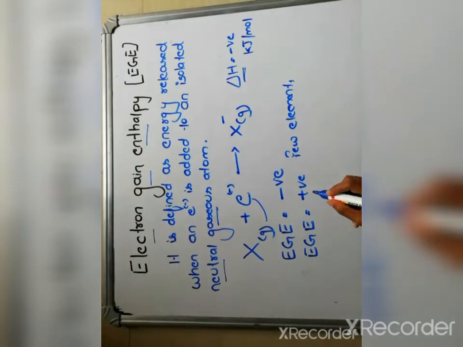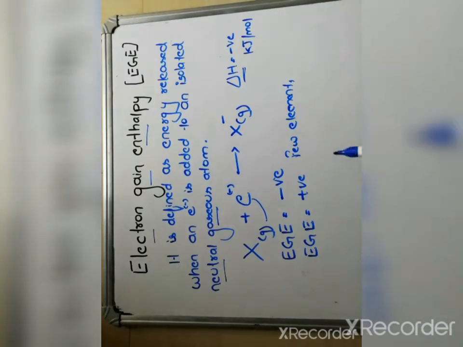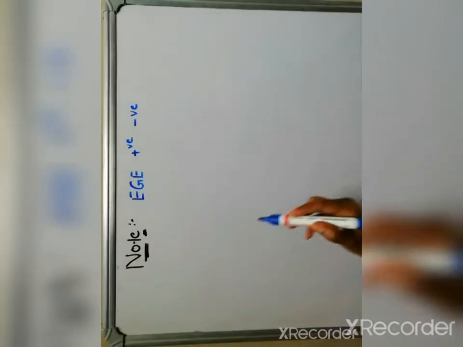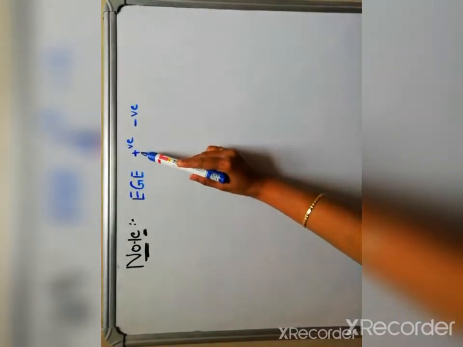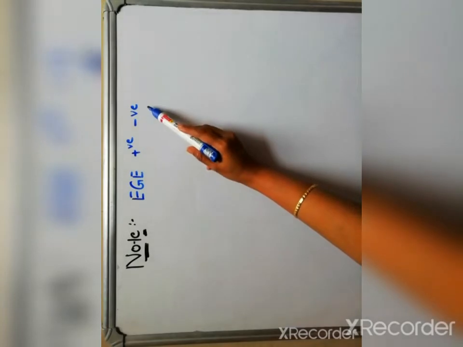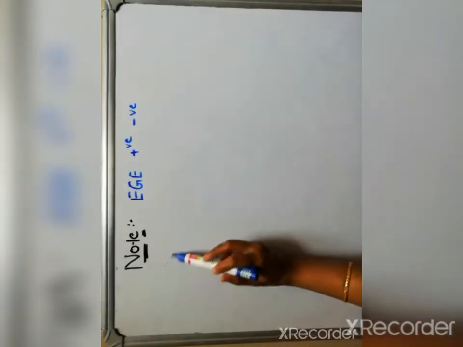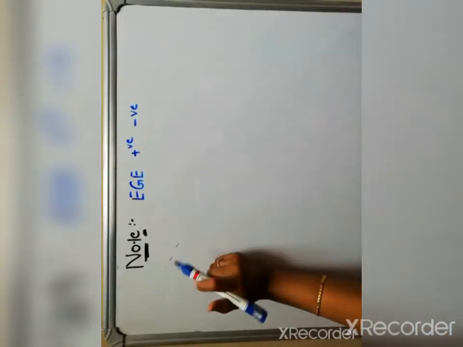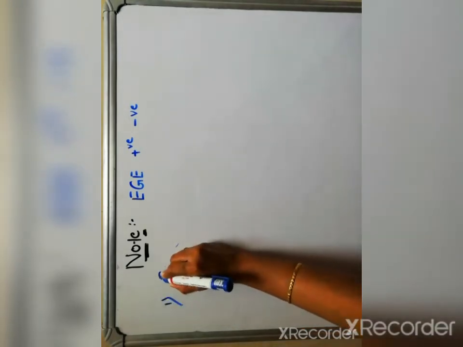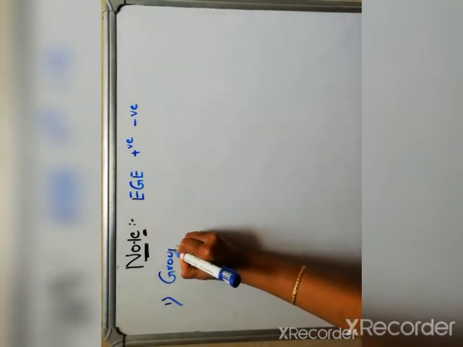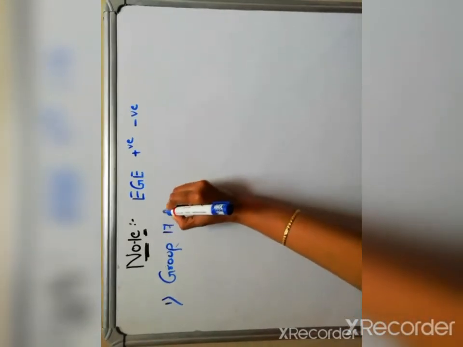We will discuss for which elements it is negative and for which elements it is positive. In the first case, we consider the group 17 elements.